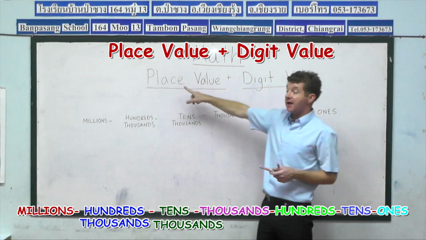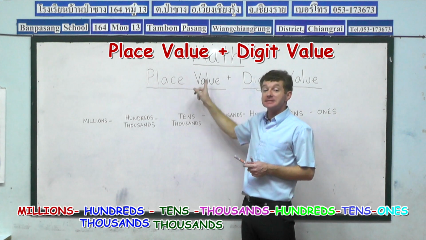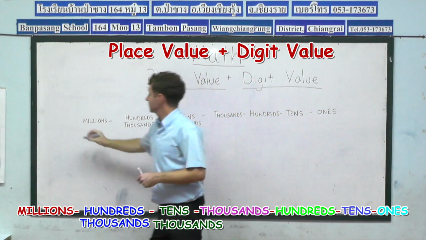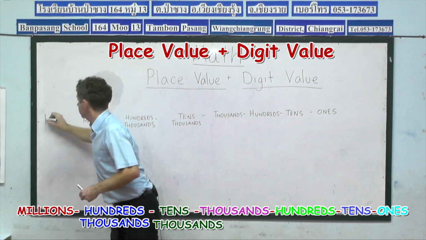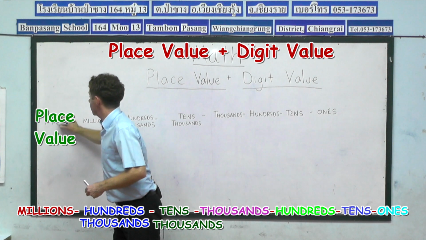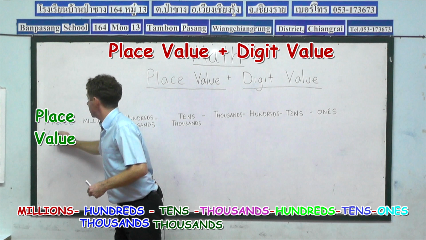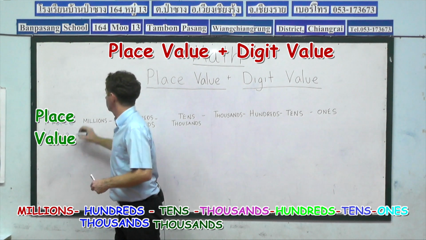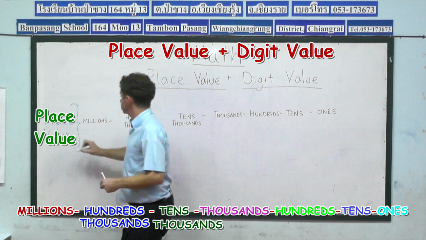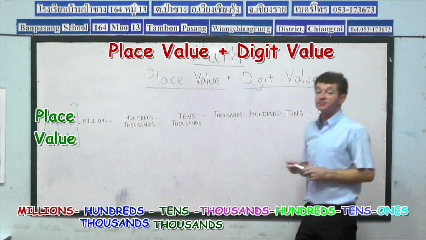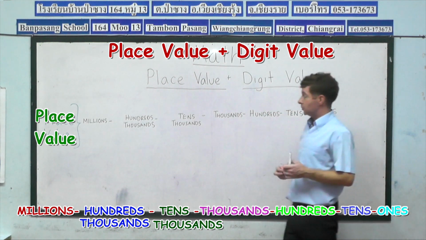We're looking at place value. Okay? So place, P-L-A-C-E, value, V-A-L-U-E. This system here is our place value. Okay?